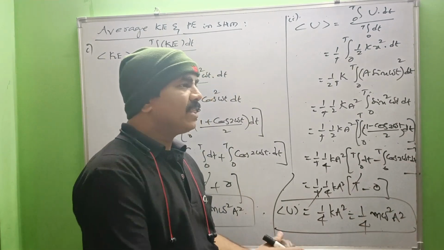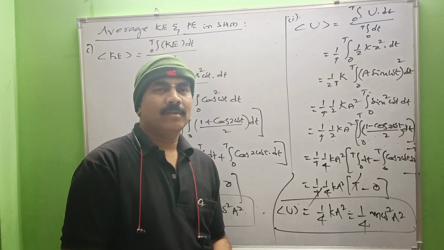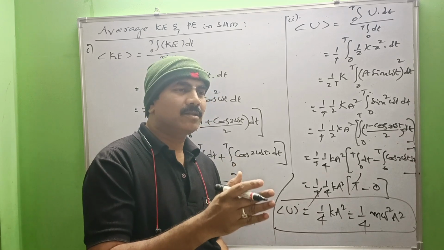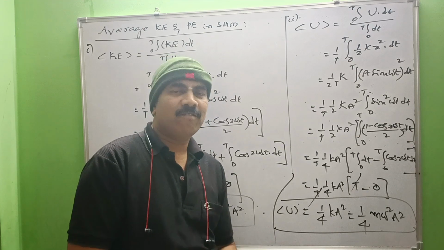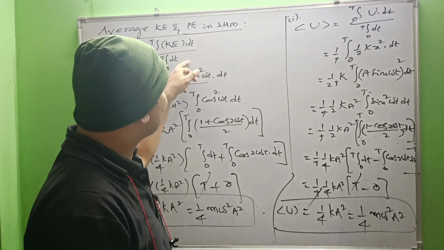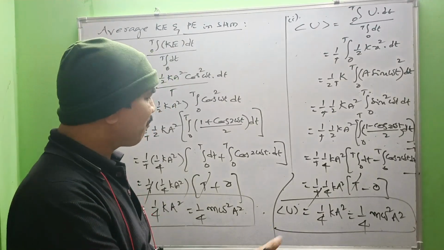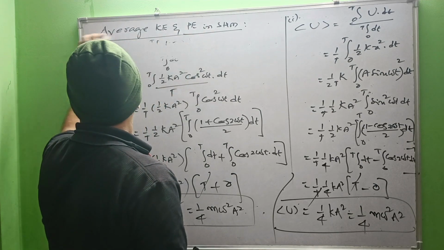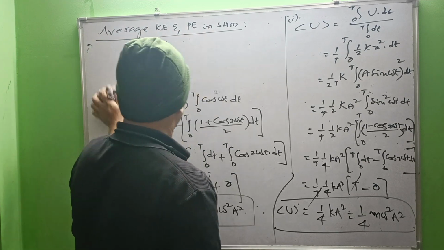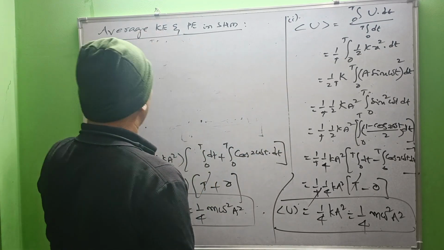That's why within one oscillation, otherwise over a long time, when the particle oscillates, it possesses the same value of average kinetic energy as well as average potential energy. Now on adding both, you will get one point. What is the result? Ultimately we have one result, that is average kinetic energy.